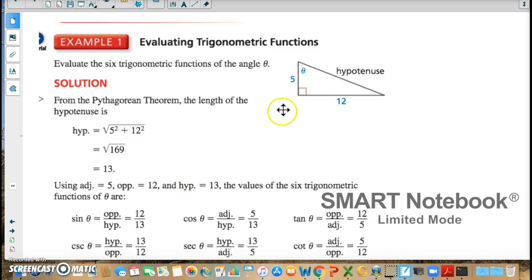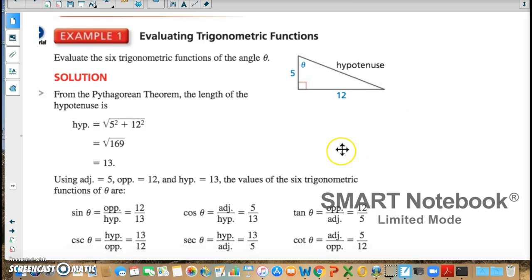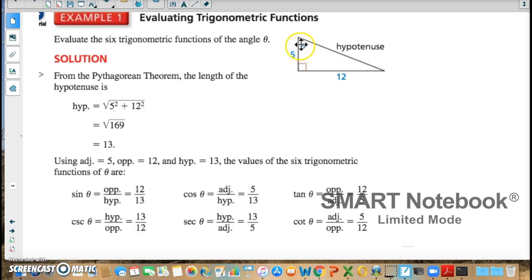Okay, so when we want to evaluate the 6 trigonometric functions, we need to get all 3 sides. So if we have here the legs are 5 and 12, use the Pythagorean theorem to find the hypotenuse. You should recognize that 5, 12, 13 is a Pythagorean triple. In this particular diagram, this is labeled as theta.